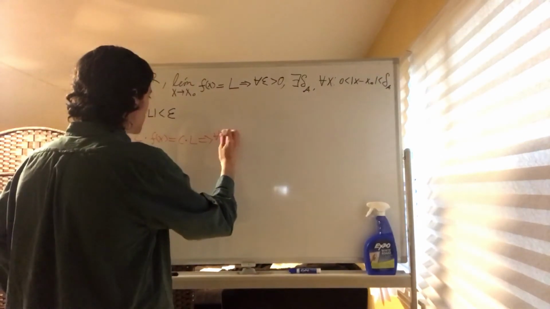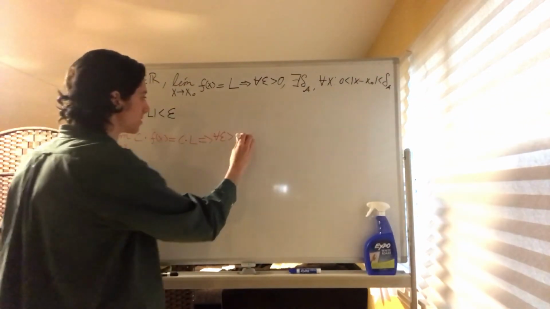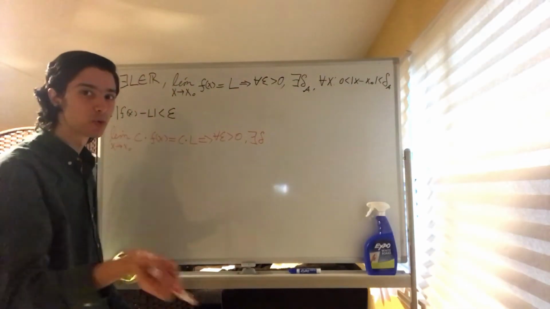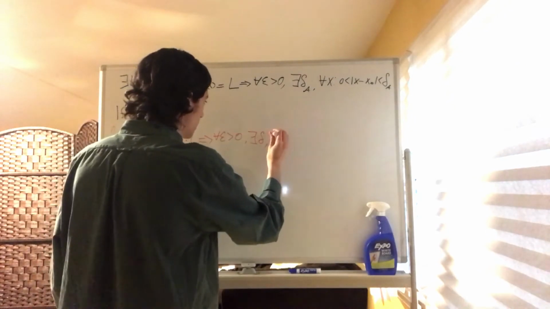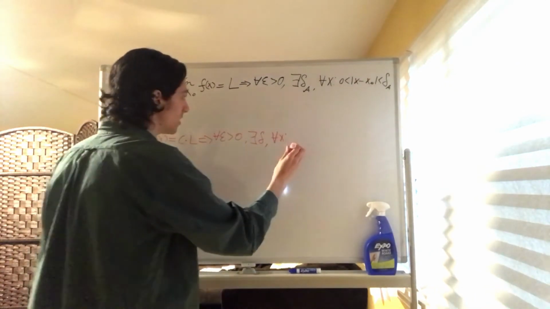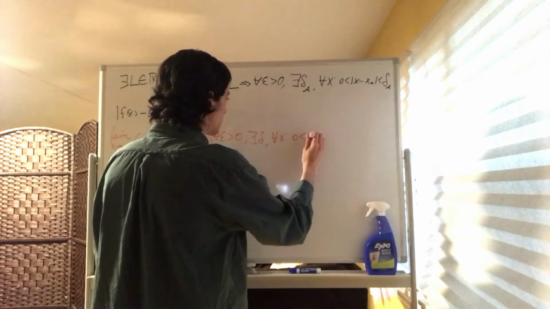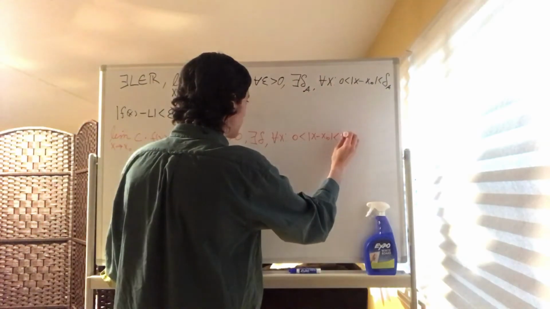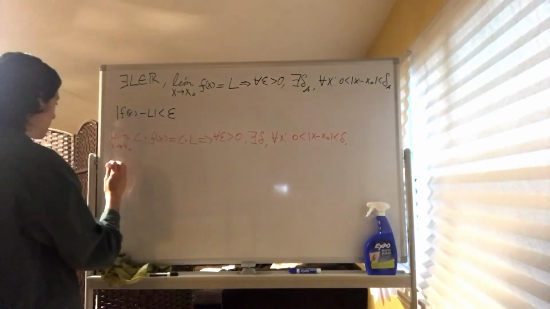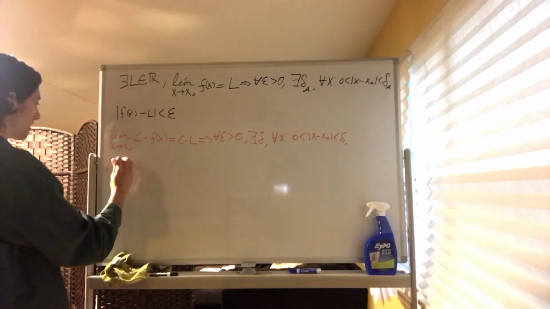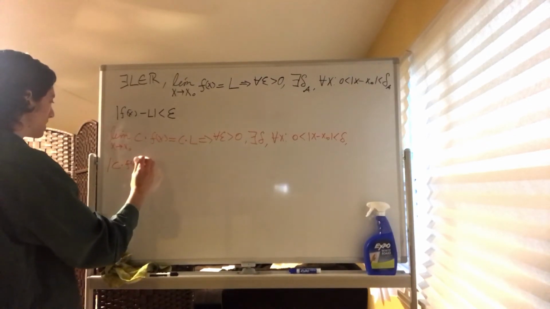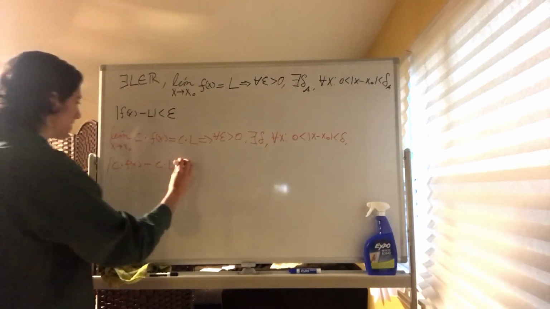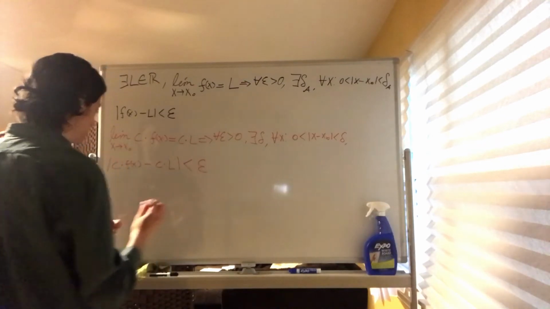Again, for all epsilon greater than 0, epsilon is an arbitrary distance, there exists a delta, we can find a delta, but we haven't found it yet, and we need to find it to prove this, such that for all x, whenever 0 is less than the absolute value of x minus x naught is less than delta, this implies that c times f of x minus c times L is less than epsilon.